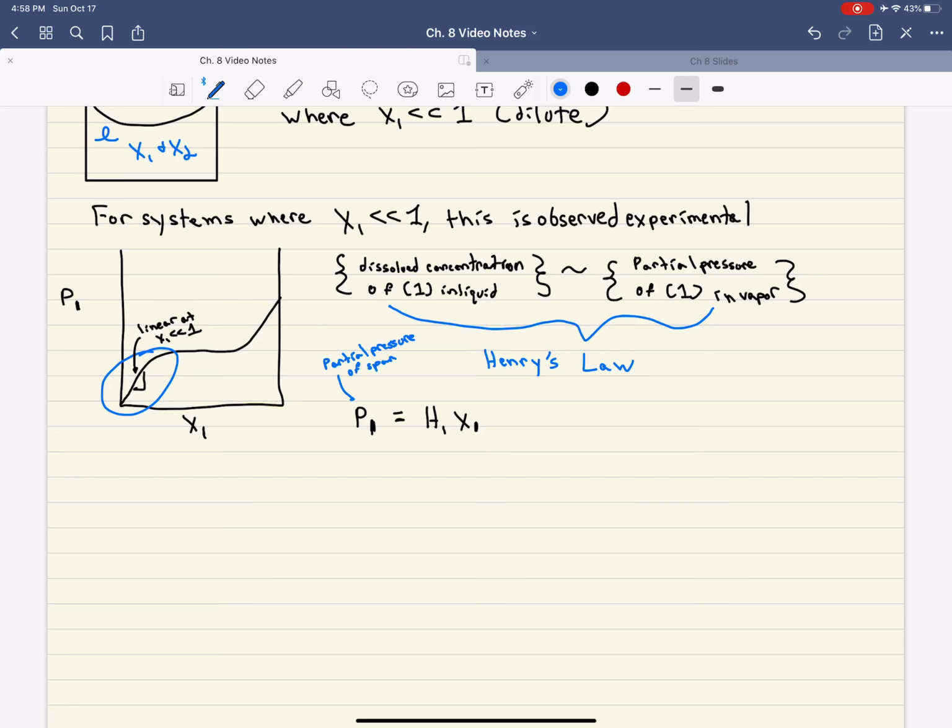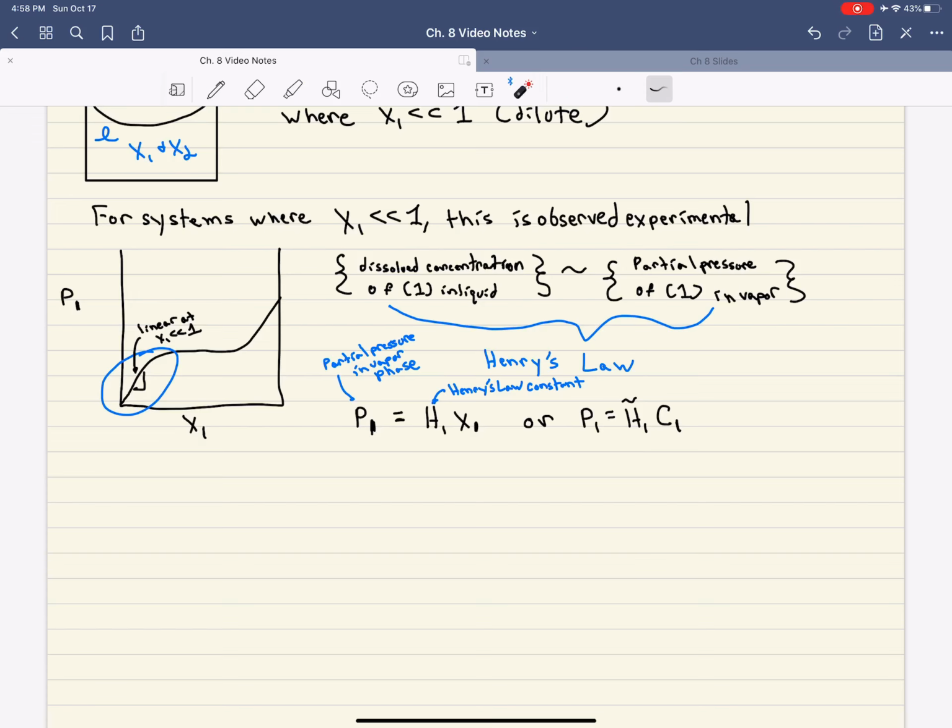Okay, so let me label everything. Sparingly soluble, the partial pressure in the vapor phase, and this is the Henry's law constant. You could write it in terms of mole fractions, or in terms of concentrations, like moles per liter.